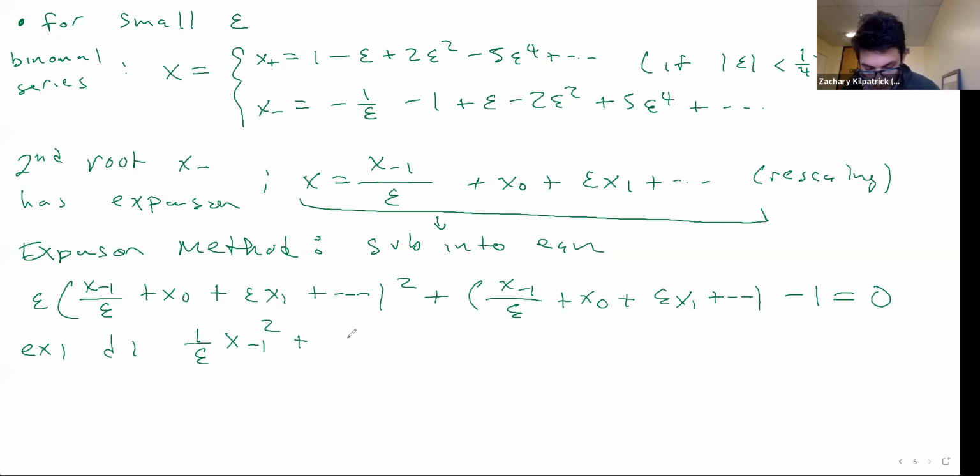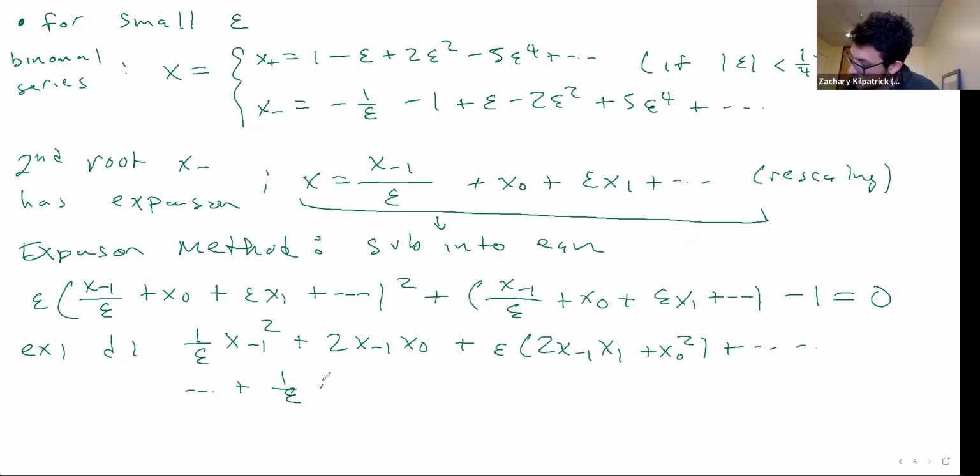Plus 2 x -1 x0 plus epsilon times (2 x -1 x1 plus x0 squared) plus, and now let me do the terms from the linear part, 1 over epsilon x -1 plus x0 plus epsilon x1, and so on, minus 1 equals 0, okay? So that's our long expansion there. We just got that from plugging stuff in.